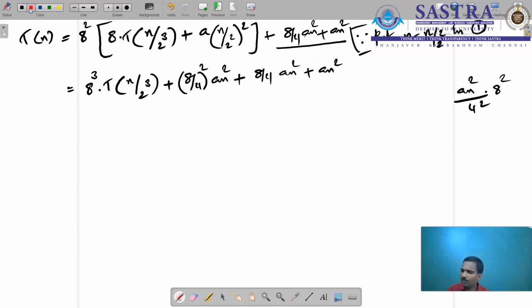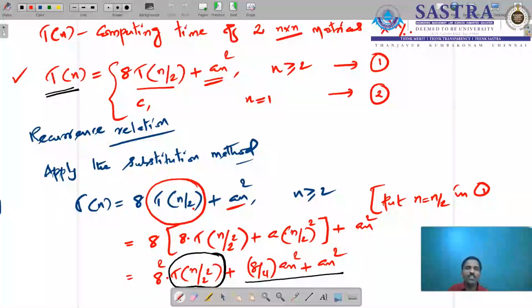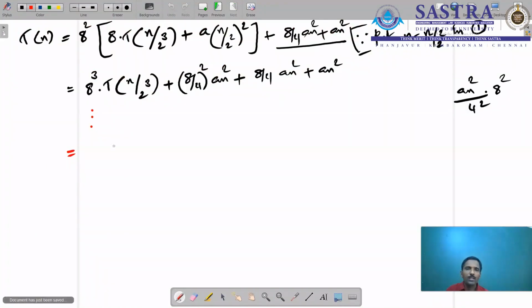Now it seems this is continuing: the initial stage is 8 power 1 into T(n/2¹), the next stage 8 squared into T(n/2²), then 8 power 3 into T(n/2³). To terminate the recursion, the actual parameter of T should become 1.